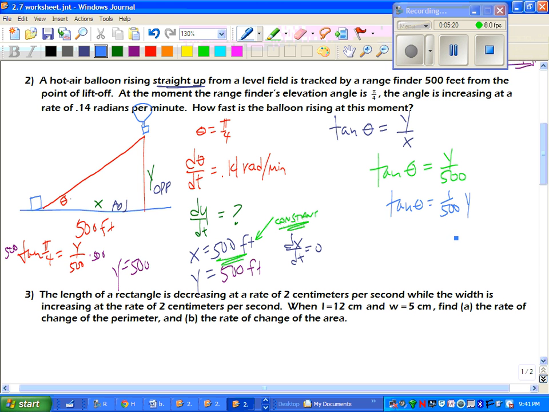Makes things a little bit easier. So if we take the derivative of tangent of theta, that's secant squared of theta, but we have to multiply by the derivative of theta, which is d theta dt, equals the derivative over here, the constant stays out in front, times the derivative of y, so dy dt.